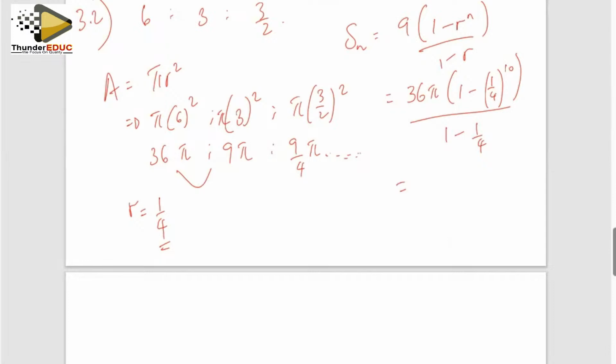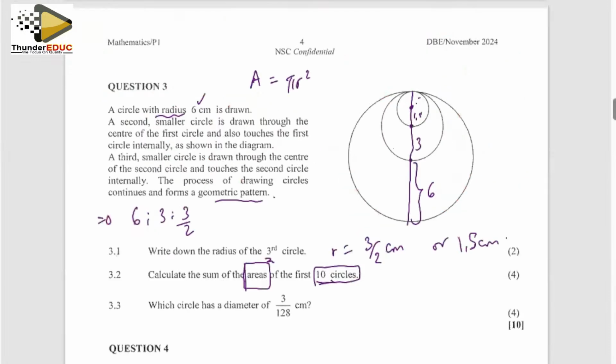That's going to be 1 minus 0.25 to the exponent of 10 over 0.75. So my area is 150.796, which is the same as 80. That's going to be centimeters squared. So that is the sum of the first 10 areas, or the sum of the areas of the first 10 circles.